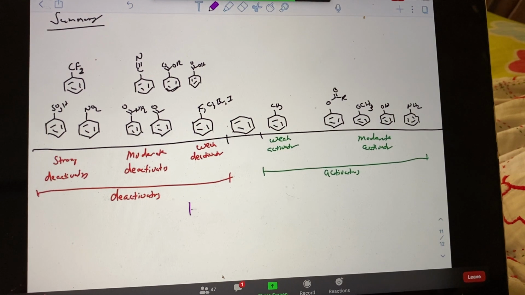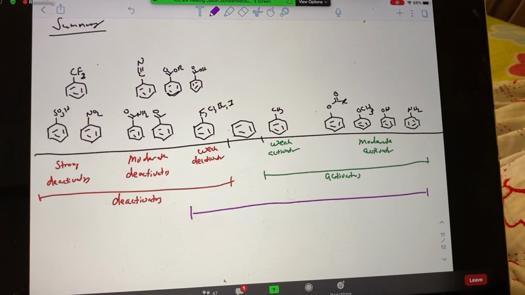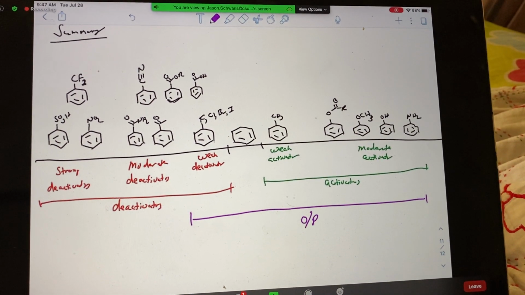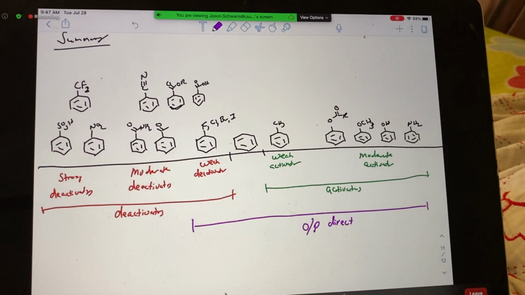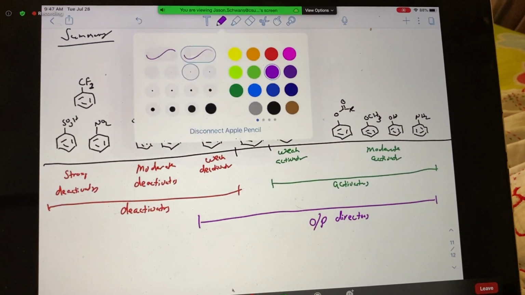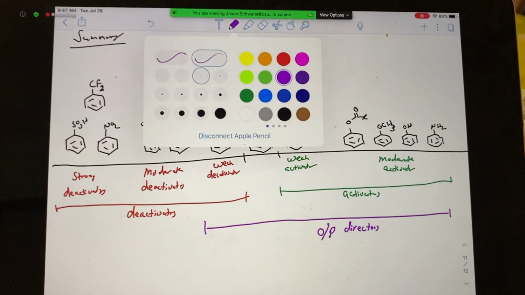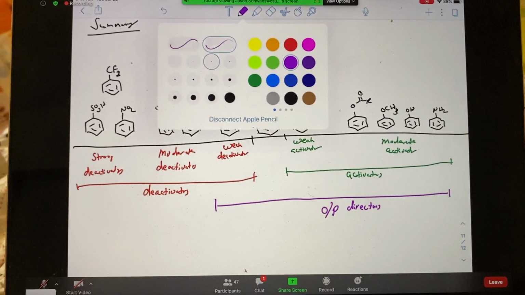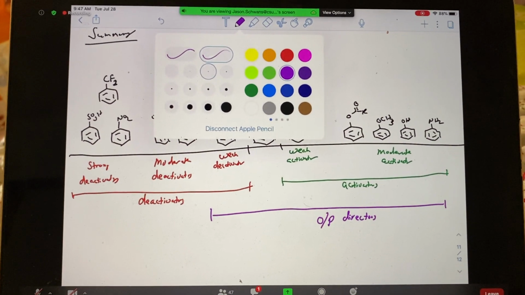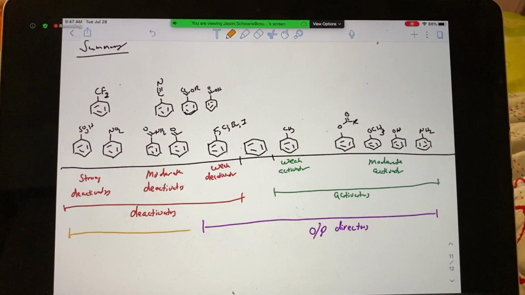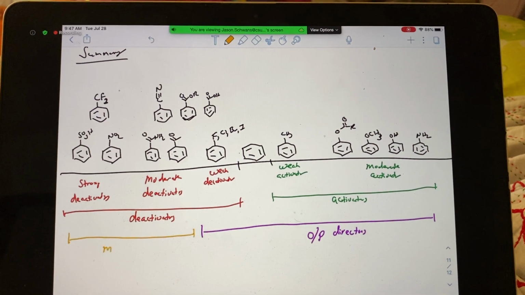But then what you'll notice is that these groups, including the halogens, these are ortho-para directors. How about another color? We haven't used this orange. How about orange? And these groups are meta directors.